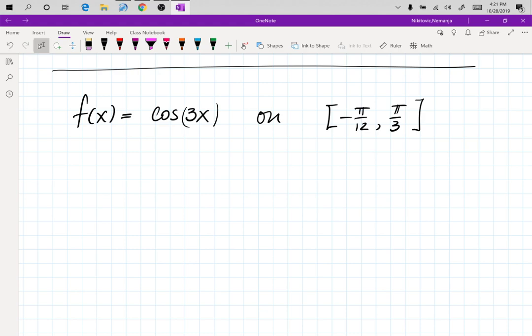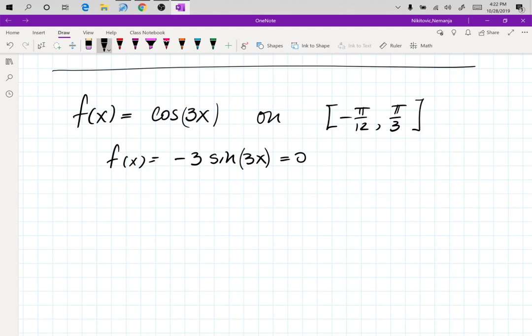Okay, let's take a look. The derivative of cosine 3x is negative 3 sine 3x, right? And we set that equal to 0. Now, negative 3, when you divide both sides, is just going to cancel. So now, when is sine 3x 0?